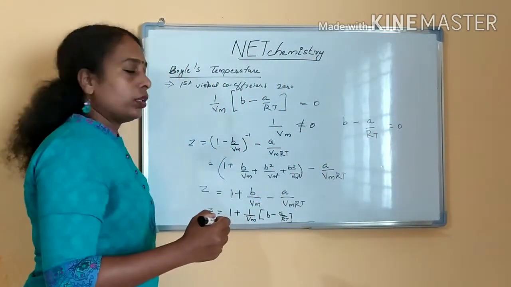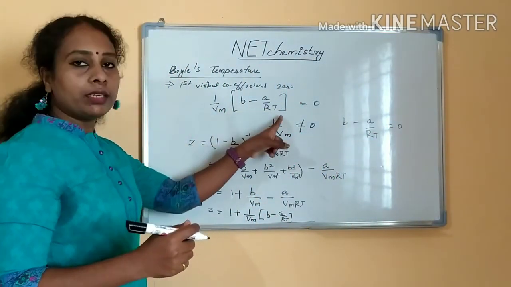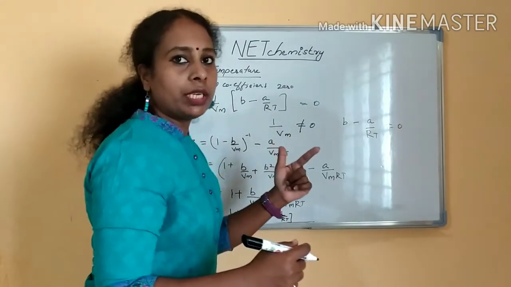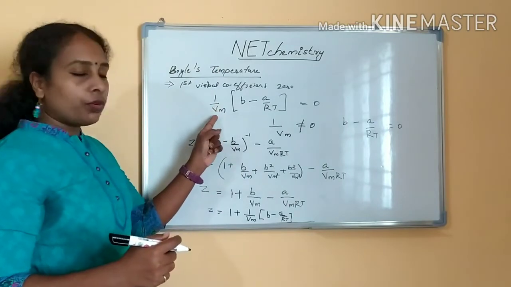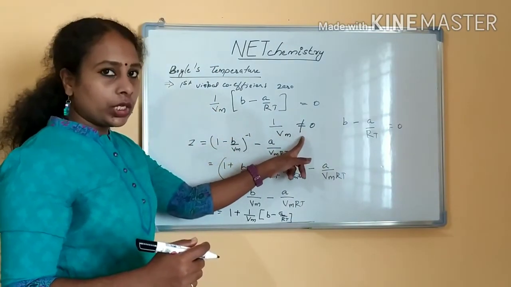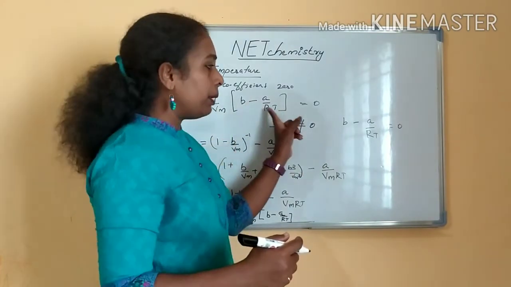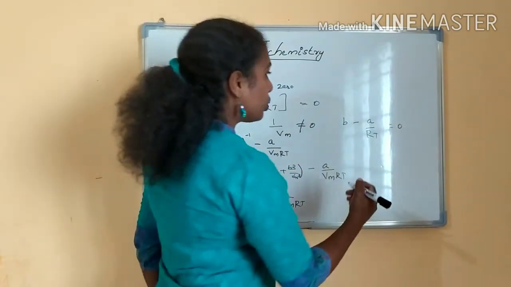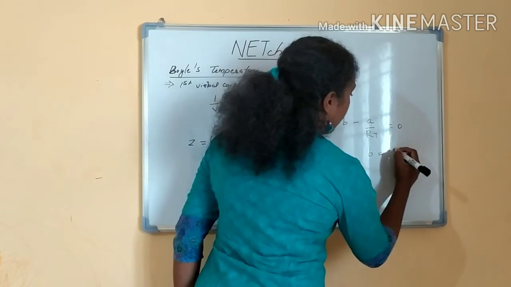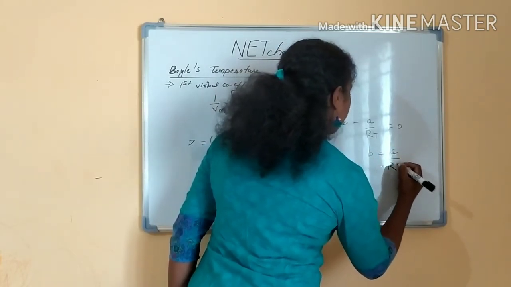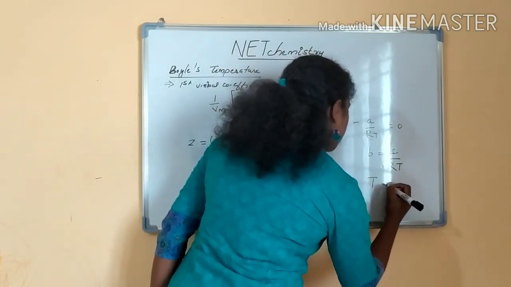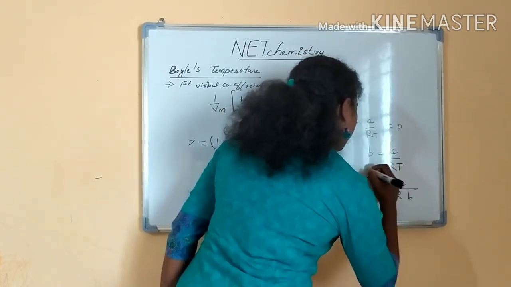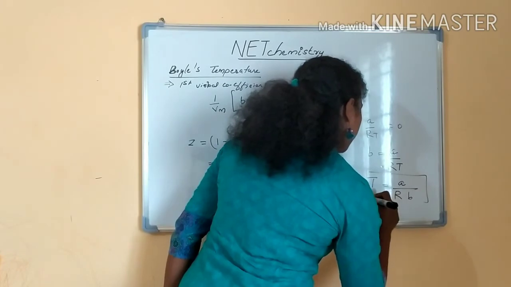So B is equal to A by RT. So T is equal to A by R into B.